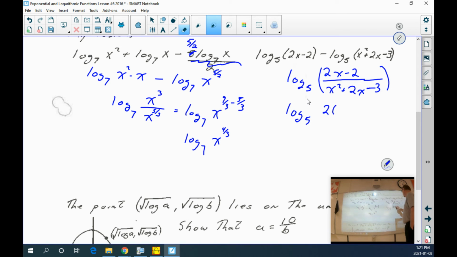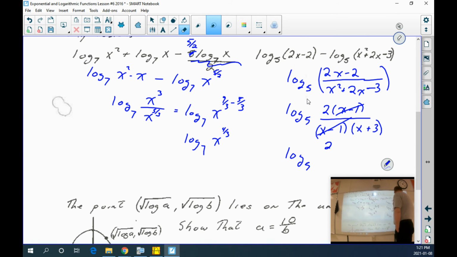I can take a 2 out of the top guy. I can factor the bottom guy like this. We can reduce that. Log base 5 of 2 over x plus 3 if x is not equal to 1, because we have reduced and there still is a non-permissible value within that expression.